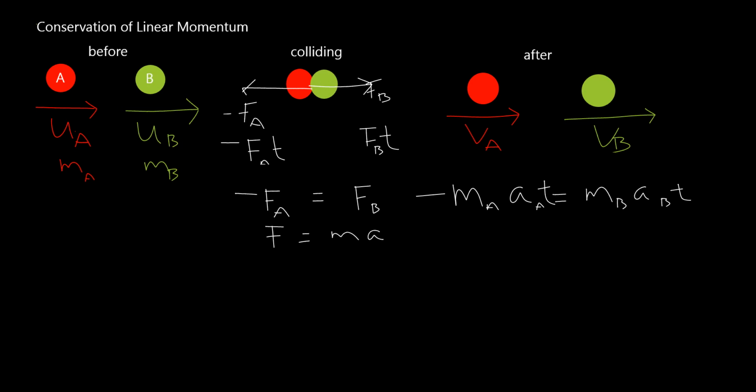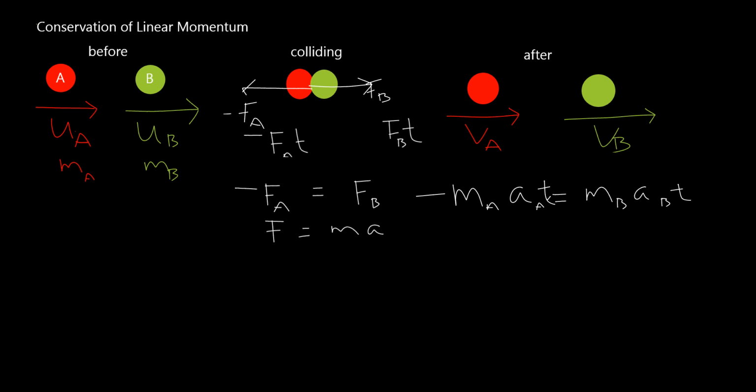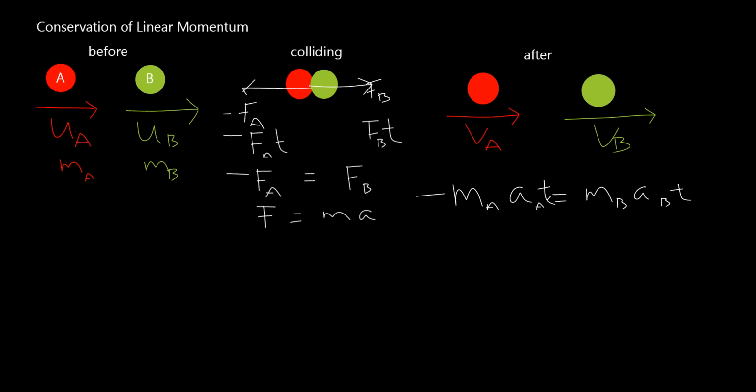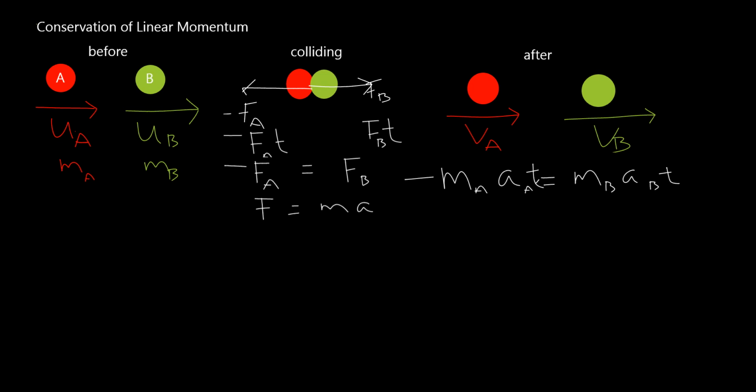And this is essentially just equating the impulse of A on B to the impulse of B on A. The minus sign is there because it's in an opposite direction. Okay, let's make a little bit of room here for some more maths.